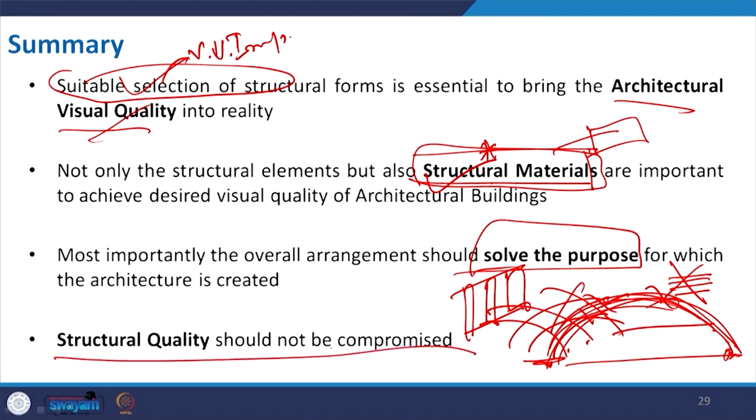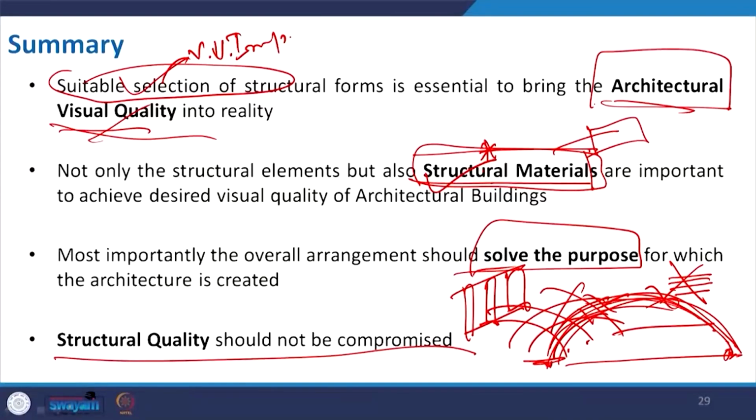Then structural quality should not be compromised. Even though we talked about the visual quality of architecture to select the structure, we also have to take care of the structural quality. It should be strong enough, stable enough, and durable enough, because it incurs not only the cost of construction, but also it is dealing with the life of people or any living creatures.